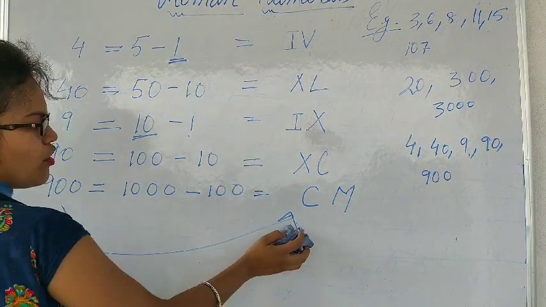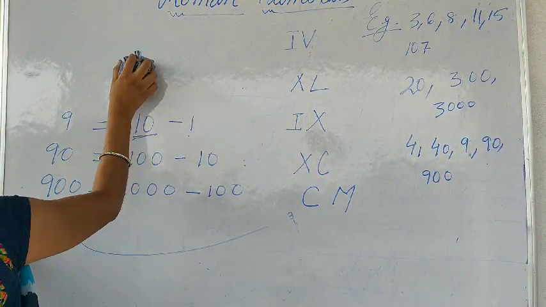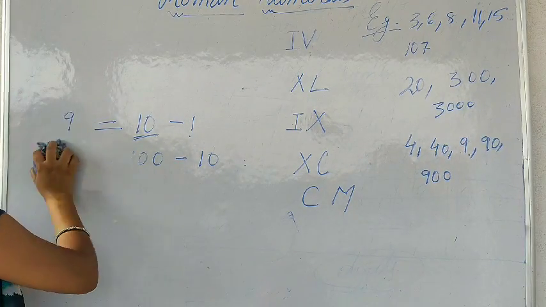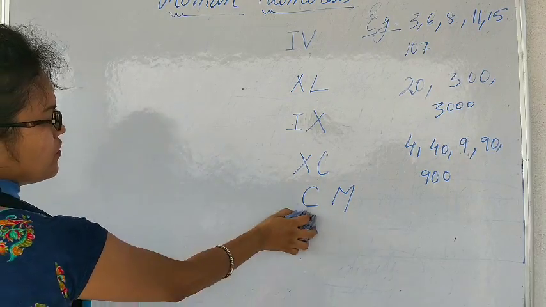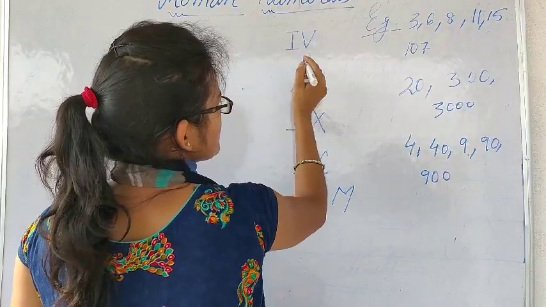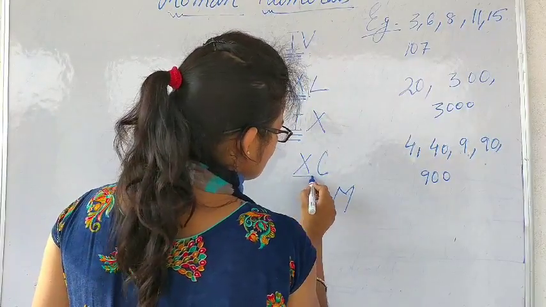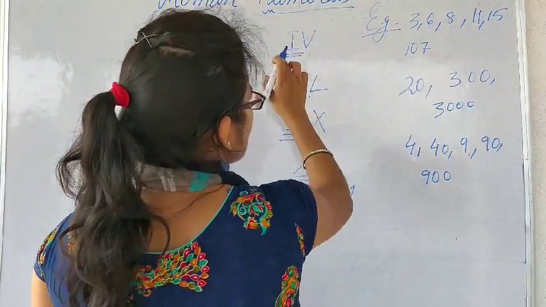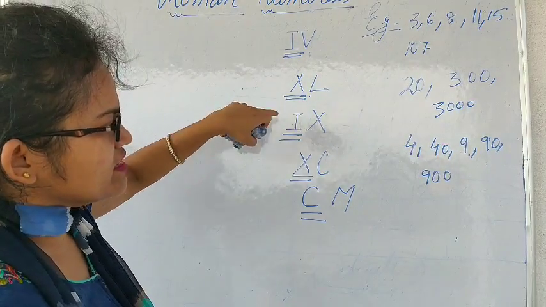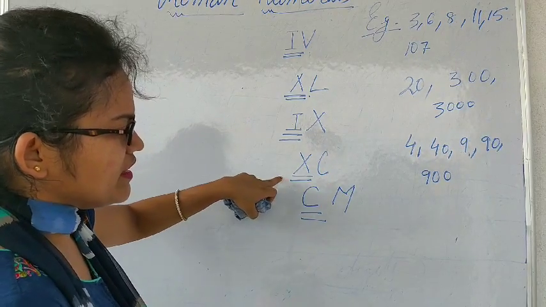So what can we observe here? The smaller number: from 5 and 1, 1 is smaller. From 50 and 10, 10 is smaller. Here from 10 and 1, 1 is smaller. From 100 and 10, 10 is smaller.